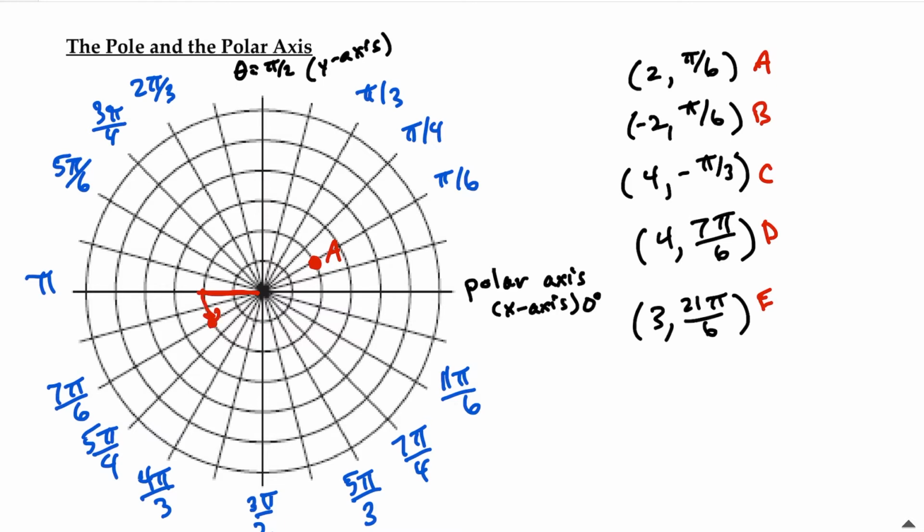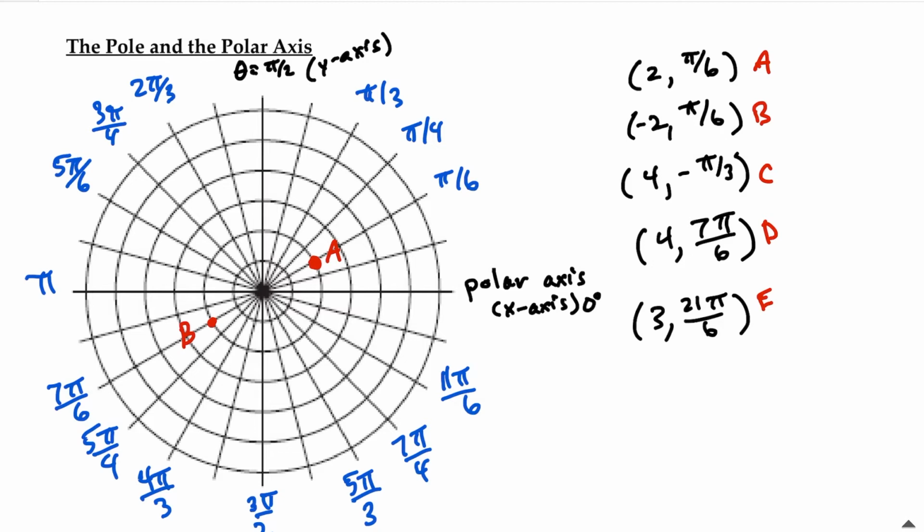So we would end up at what is 7 pi over 6. So negative 2, pi over 6 is the same as 2 comma 7 pi over 6. So our point again is going to be here. However, another way we could have done it is we could have rotated pi over 6 and then measured in the reverse direction.